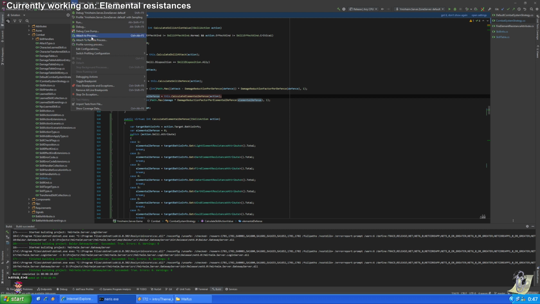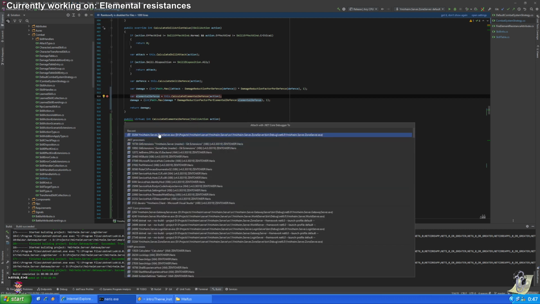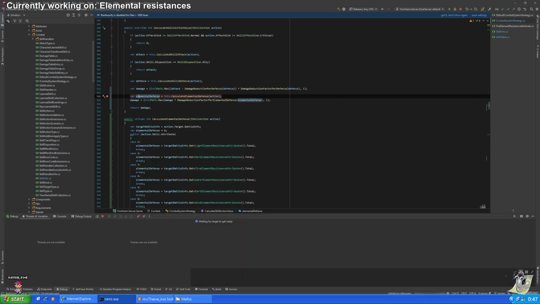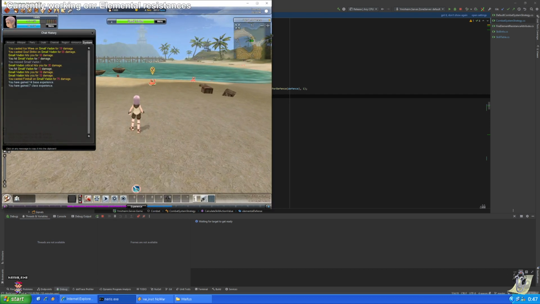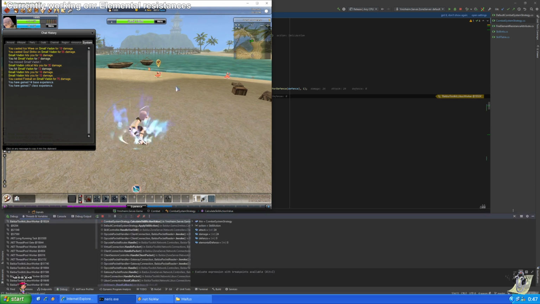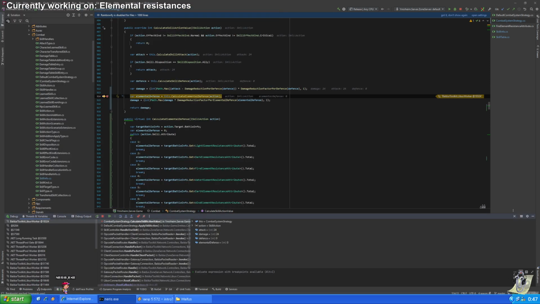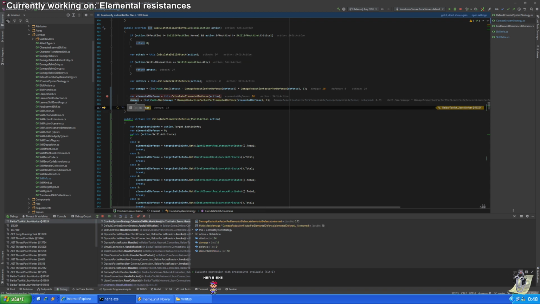So attach the process, zone server. Yes. So he will have elemental defense 50, correct. Damage right now is 24, but after this it's 18.